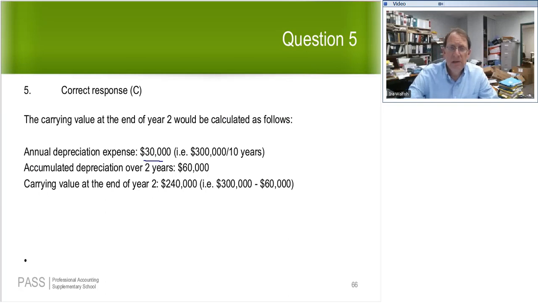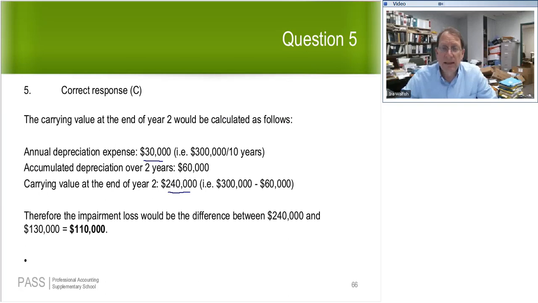Okay. So do I have a write-down? Yeah, I have a write-down for sure. My carrying value is only 240,000. My fair value is only 130. Fine. What's my write-down? The difference between the 240 and the 130, which is 110,000. Questions?